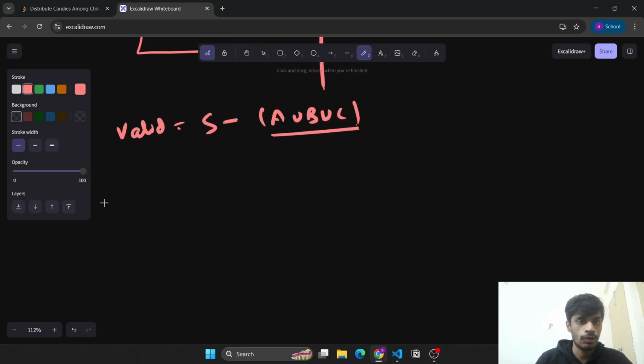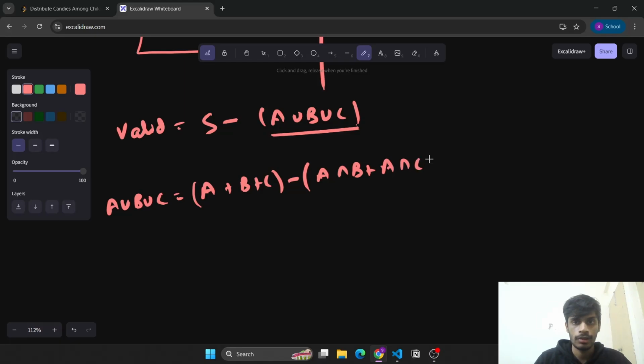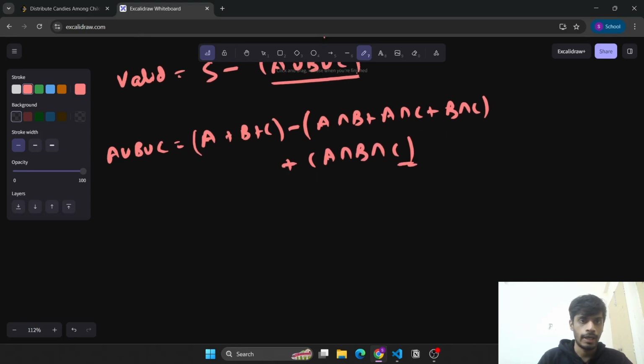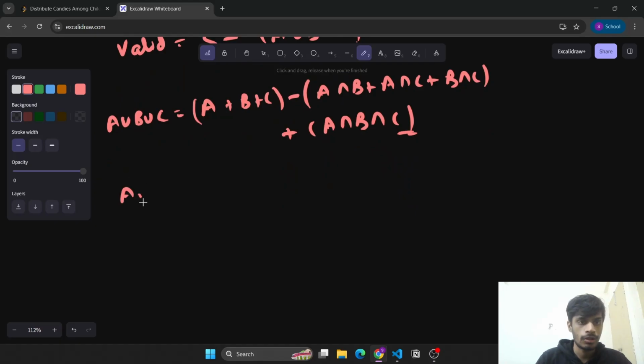And what is A union B union C? If you recall, it is simply A plus B plus C minus A intersection B plus A intersection C plus B intersection C, and plus A intersection B intersection C. And what do A, B and C denote here?